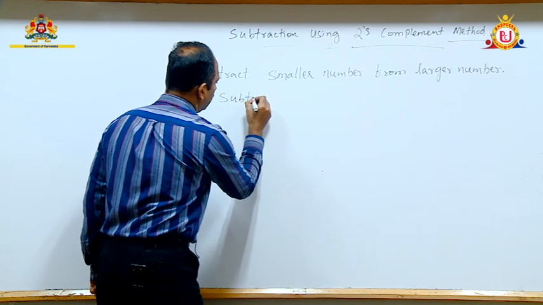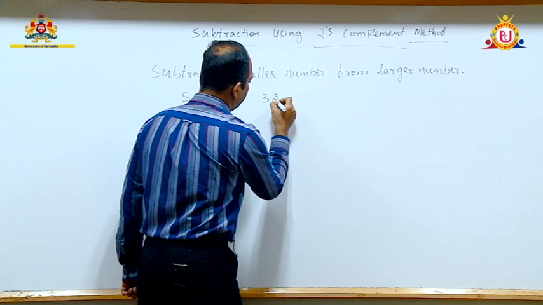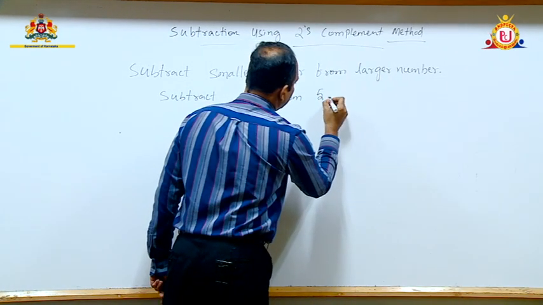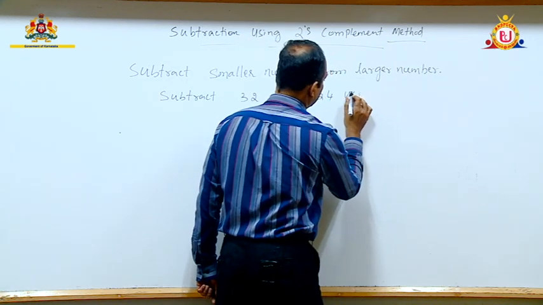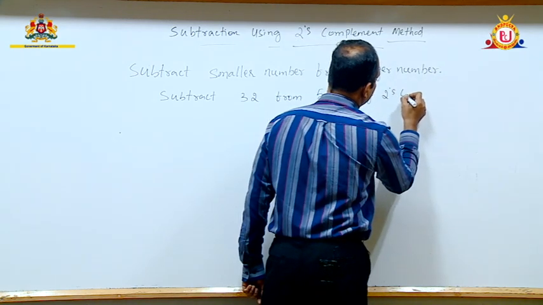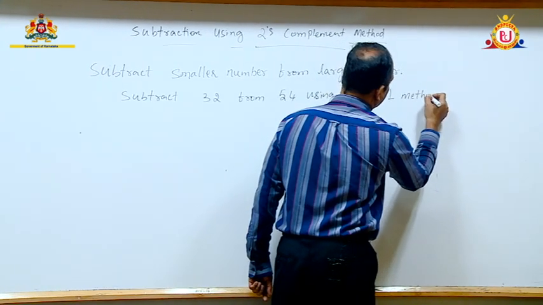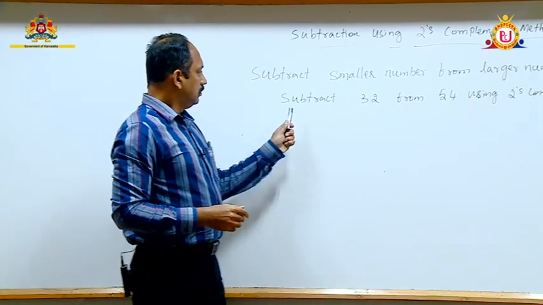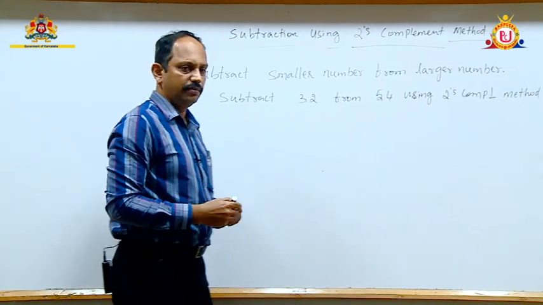For example, subtract 32 from, say, 54, using the 2's complement method. Now, the question is subtract 32 from 54.